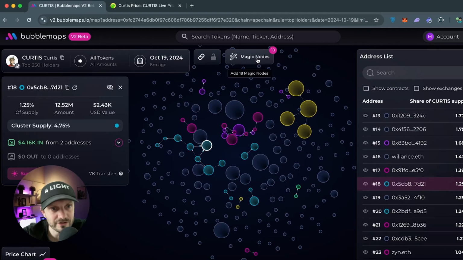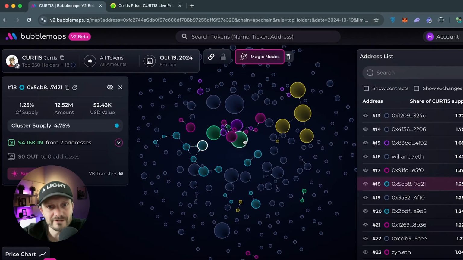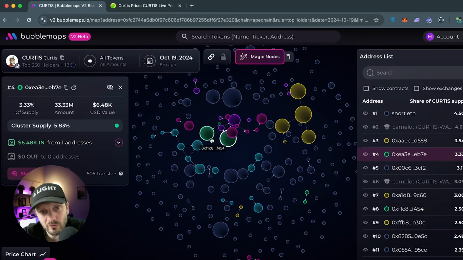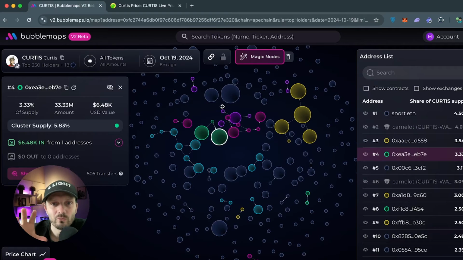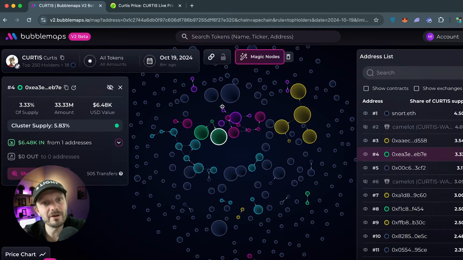And here we got magic nodes. We turn them on and see more connections, some untracked wallets. It means we got 1, 2, 3, 4 clusters which hold almost 20%, I guess, of the total emission of the token at the launch date. And it's definitely a red flag, guys.